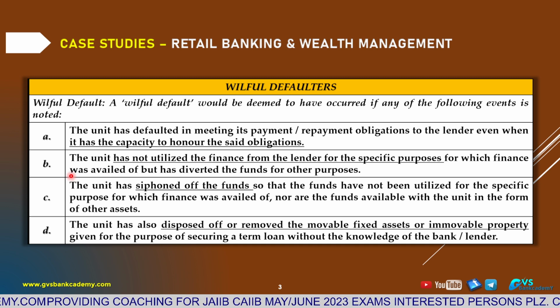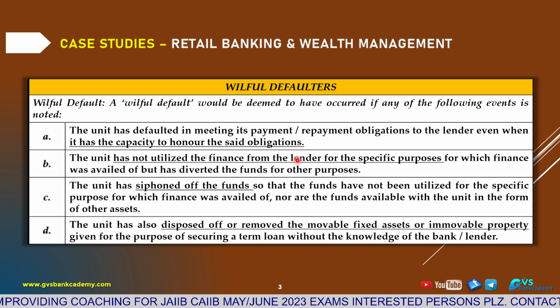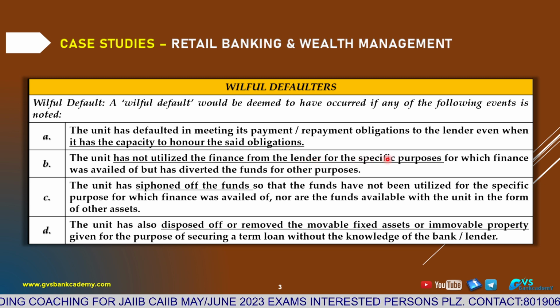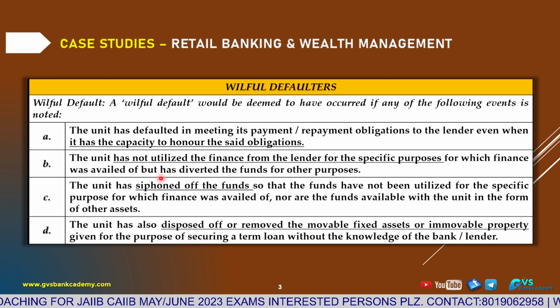B. The unit has not utilized the finance from the lender for the specific purpose for which it was availed, but has diverted the funds for other purposes. Whatever purpose they borrowed for, they are not utilizing it for that purpose; they are diverting the funds for other purposes.